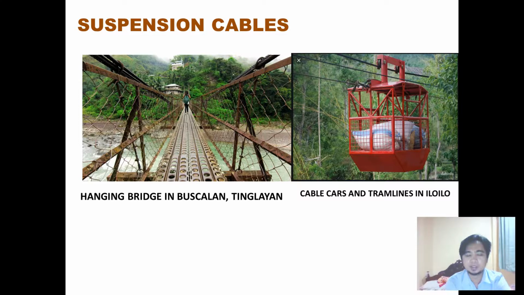This could be found in Iloilo. One is found in Iloilo. Okay. So the feature of the cable is that it is swaying sideways or bouncing, but not too much. We would like to control that movement.